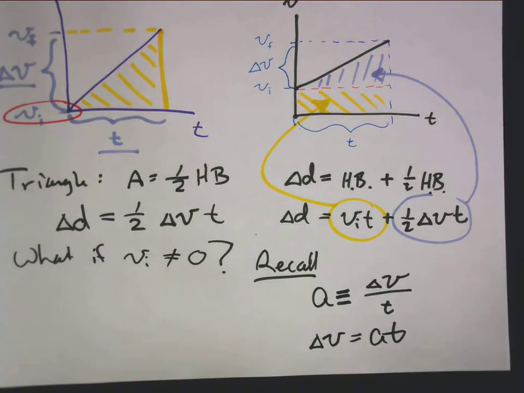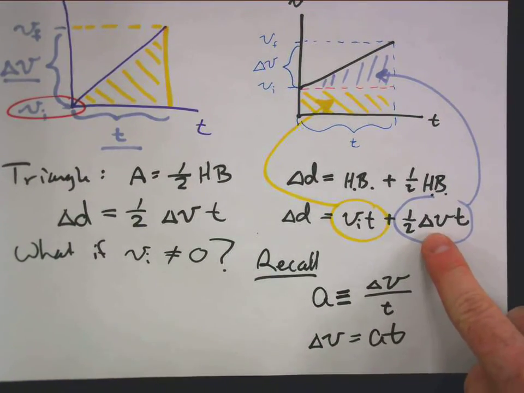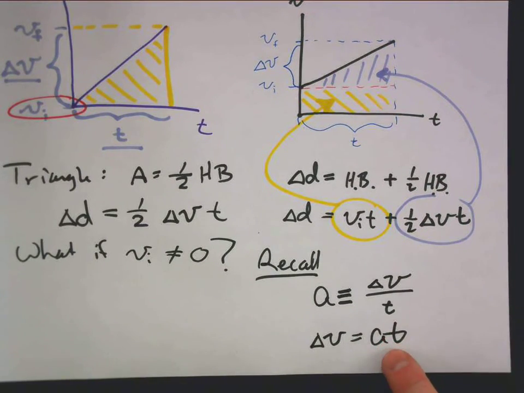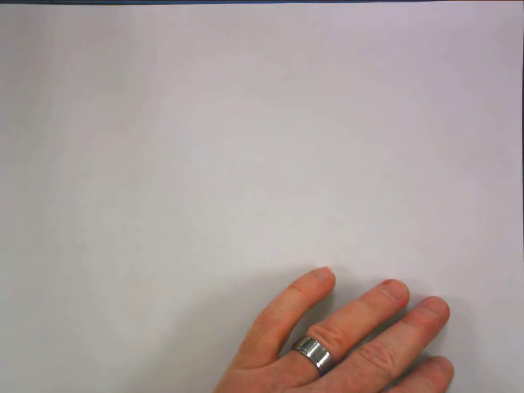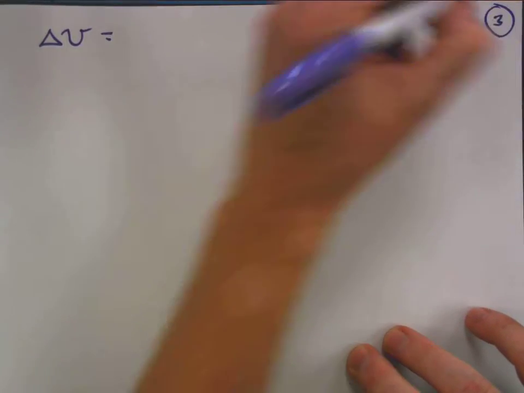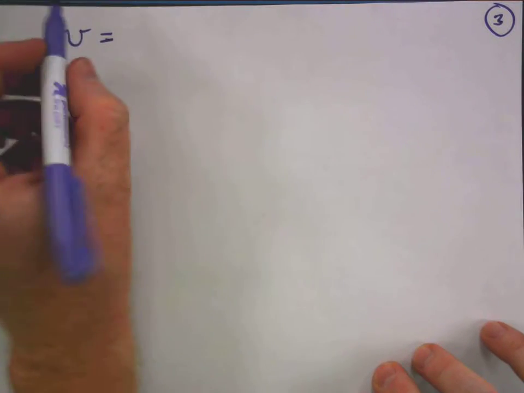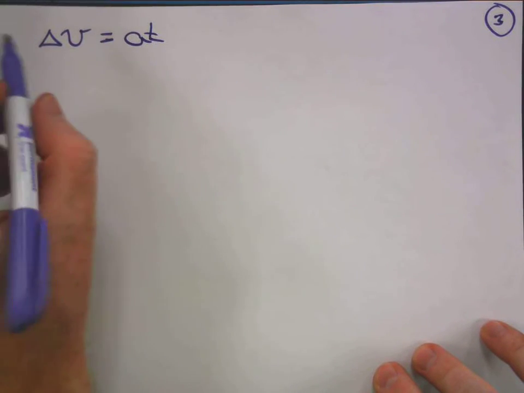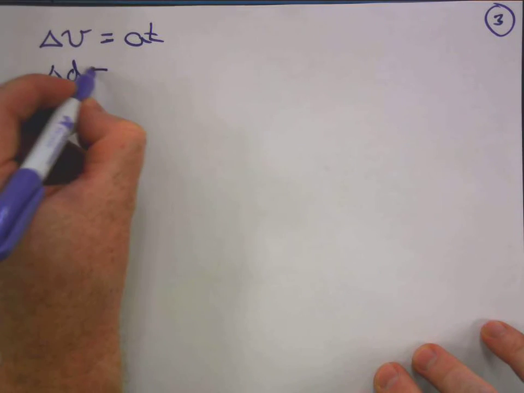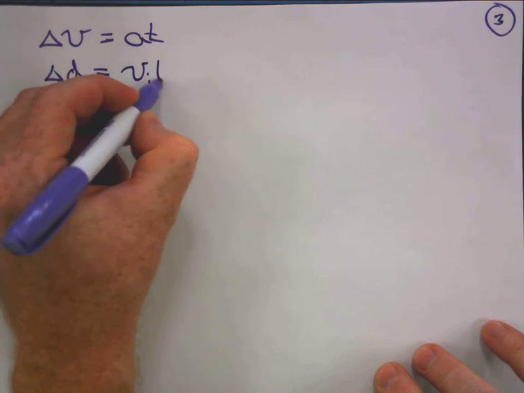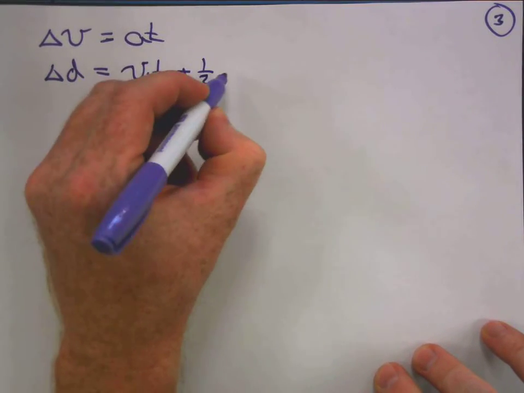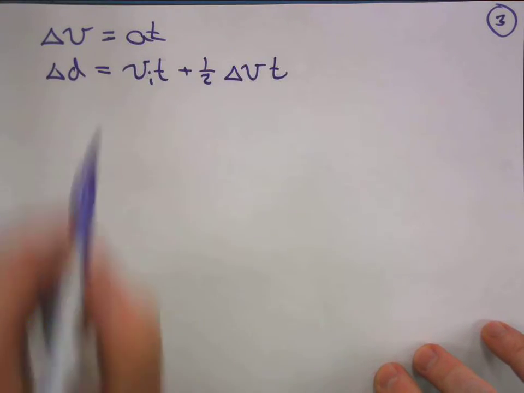And that's going to come back in here. I'm going to substitute this into that. Here's what it looks like. We can say from our delta V equals acceleration times time, and our previous equation for the displacement of the object, initial velocity times time plus 1/2 delta V times time.